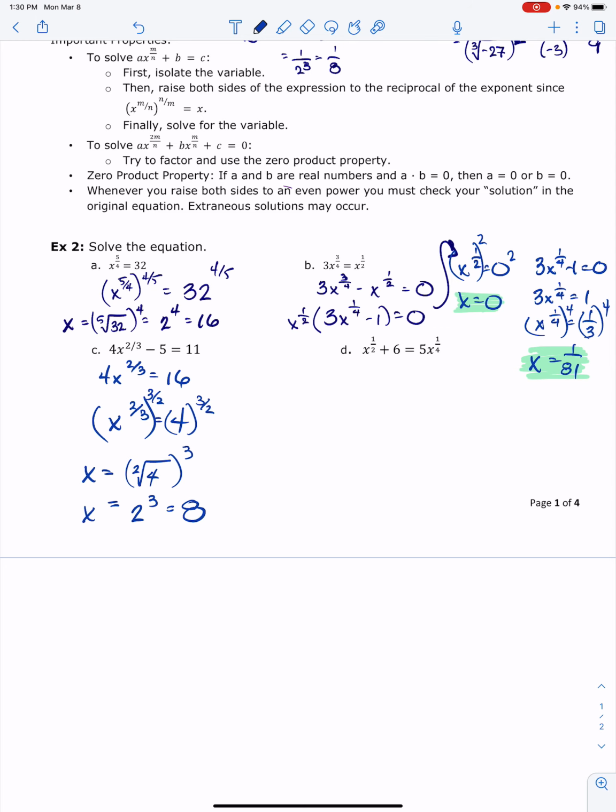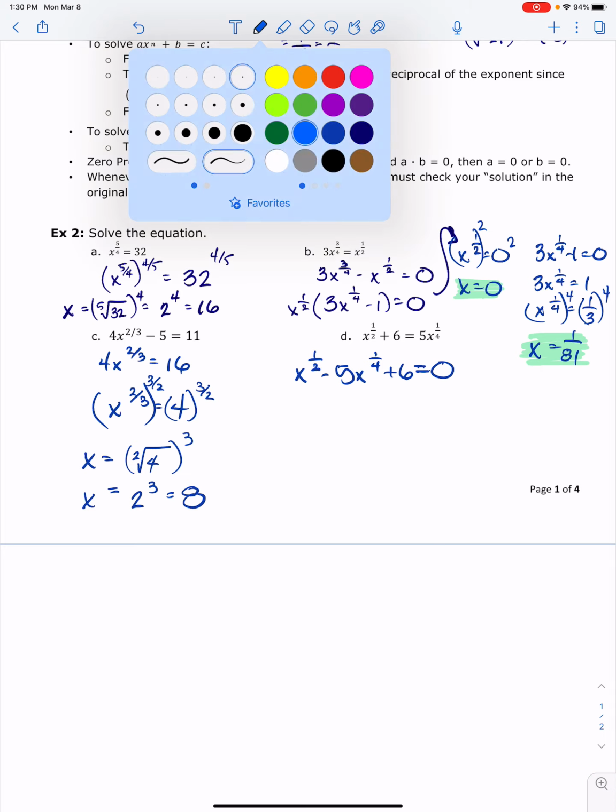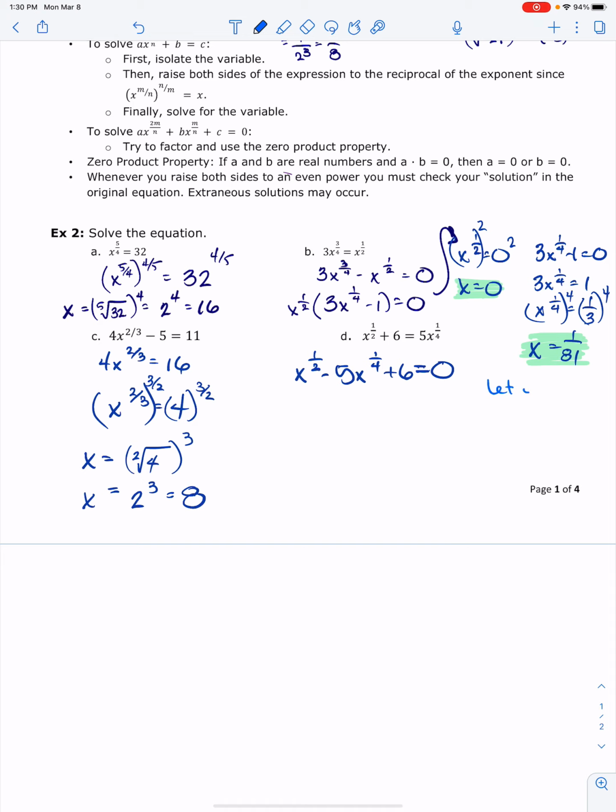D, I want to start by moving everything to the same side. Got x to the 1/2 minus 5x to the 1/4 plus 6 equals 0. 1/2 is 2 times 1/4, so I know this is a quadratic, and here's what I'm going to do. Just to make it a little easier, I'm going to let w equal x to the 1/4.